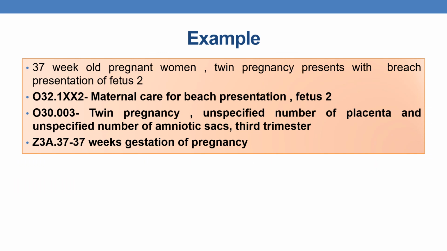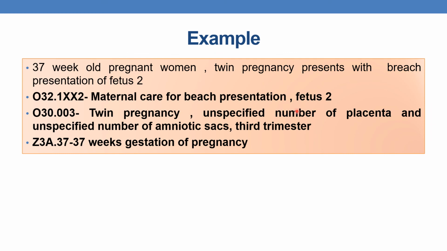Now let us see an example. A 37-week pregnant woman, twin pregnancy, presents with breech presentation of fetus 2. Twin pregnancy means there will be 2 fetuses and fetus 2 has breech presentation. So the code is O32.1XX2. Here the seventh character is 2, which indicates fetus 2.